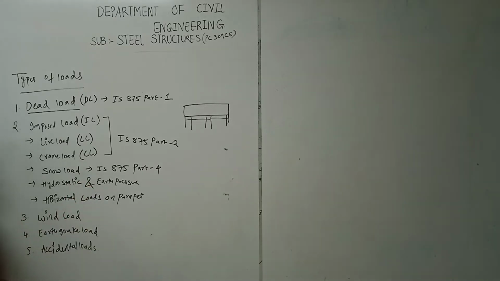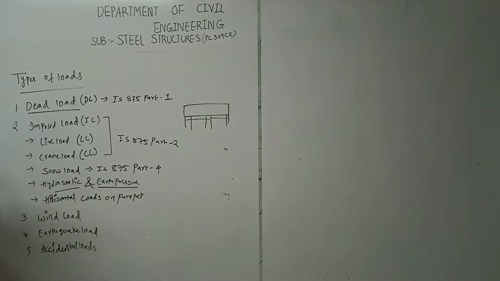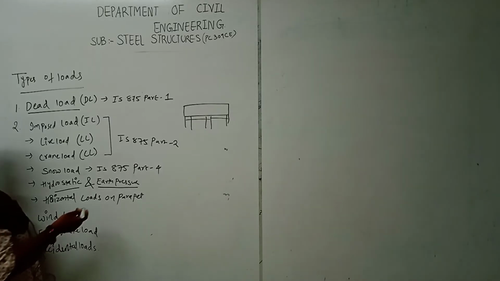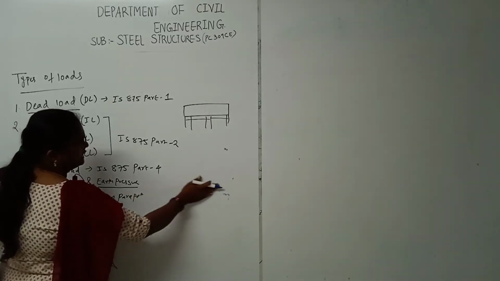Next one is hydrostatic and earth pressure. What is hydrostatic and earth pressure? Hydrostatic means the water forces: whichever structure you construct in water, you have to calculate the water forces and water pressures. And one more is the earth pressure, which you have studied deeply in your geotechnical engineering. Earth pressure comes from lateral forces.